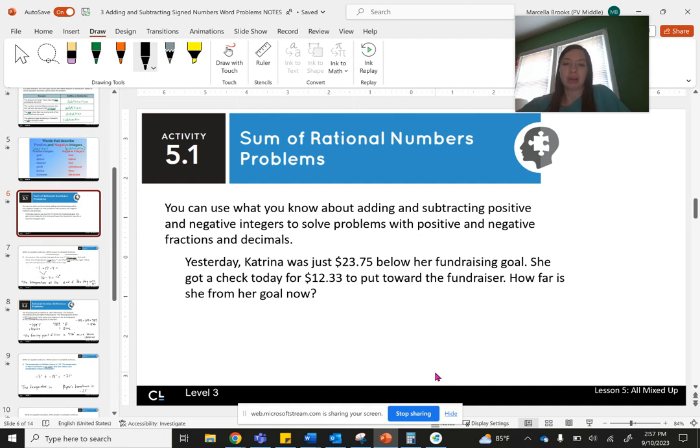Actually, you don't need to put a minus sign in front of that. Yes, you do. So she's 23.75 below her fundraising goal. She gets a check, which is like a plus sign. So a check is plus sign, below is minus sign. So see if you can figure that out. How far is she from her goal now? Good luck.